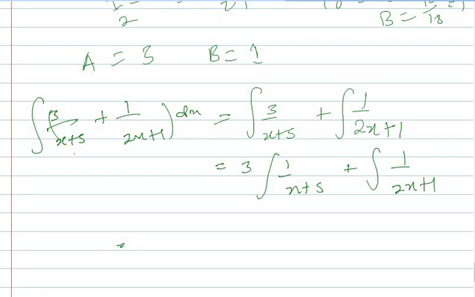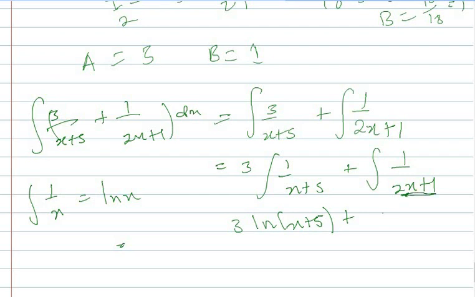So we know that the integral of 1 over x is equal to ln x. So here we can say 3 ln of x plus 5. For the other one, the x has a coefficient, so we find the differential of this.